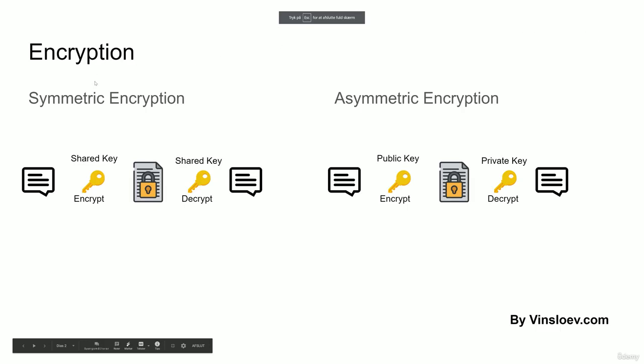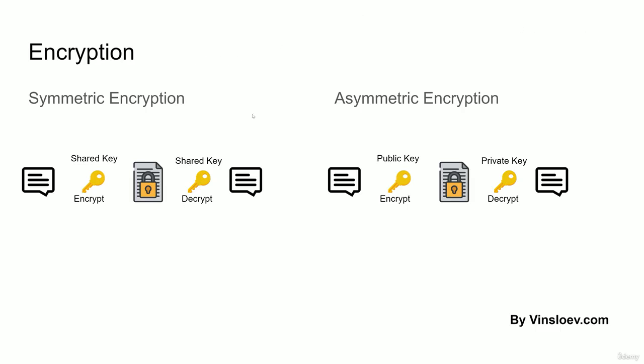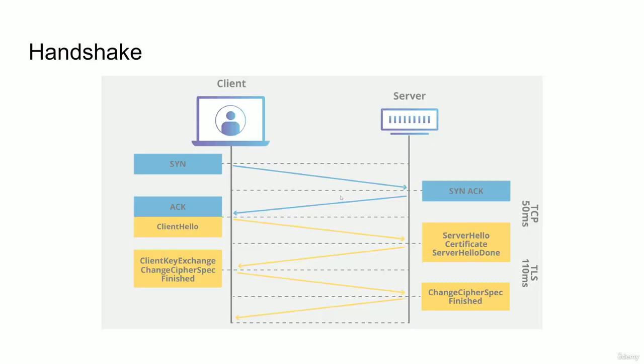So when we are talking about encryption, there are symmetric encryption and asymmetric encryption. And the asymmetric encryption is what you use during the handshake, where you are still not trusting each other and you are in need of figuring out what protocols and what key to use.